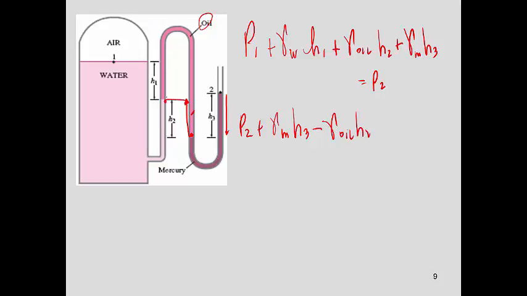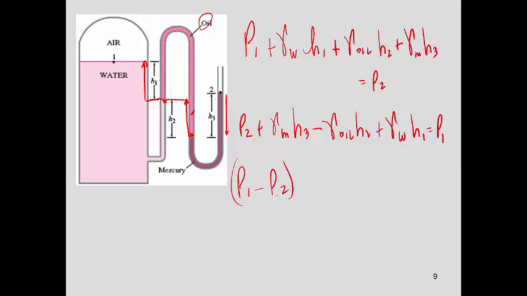So now I move here. I already used H2, the depth I only use once. Now I'm going to go up in the water plus gamma water H1, and that's going to be equal to P1. So I can calculate P1 or P2.